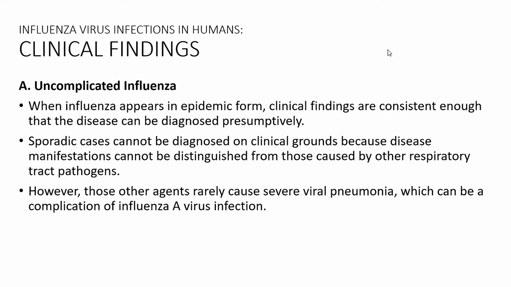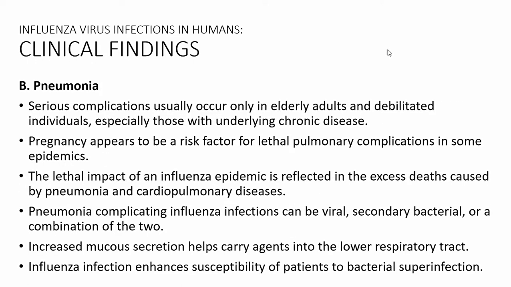Sporadic cases cannot be diagnosed on clinical grounds because disease manifestation cannot be distinguished from those caused by other respiratory tract pathogens. However, those other agents rarely cause severe viral pneumonia, which can be a complication of influenza A virus infection. These serious complications usually occur only in elderly adults and debilitated individuals, especially those with underlying chronic diseases.